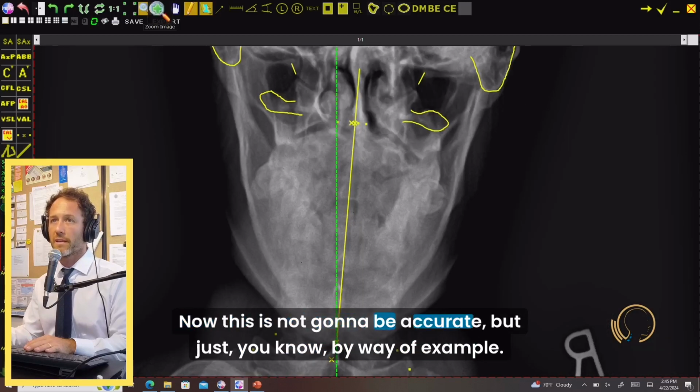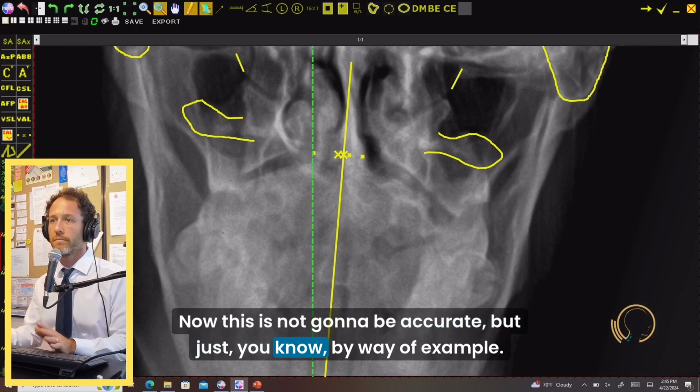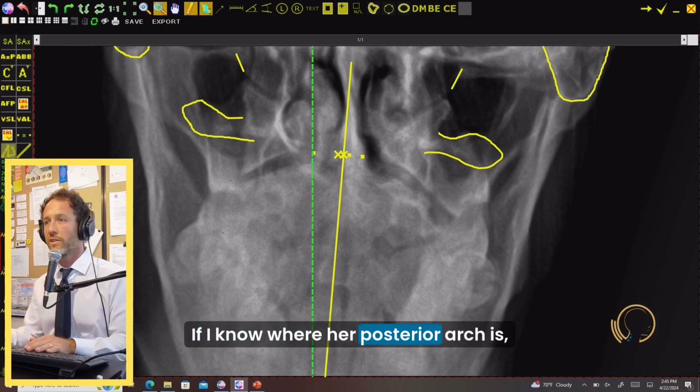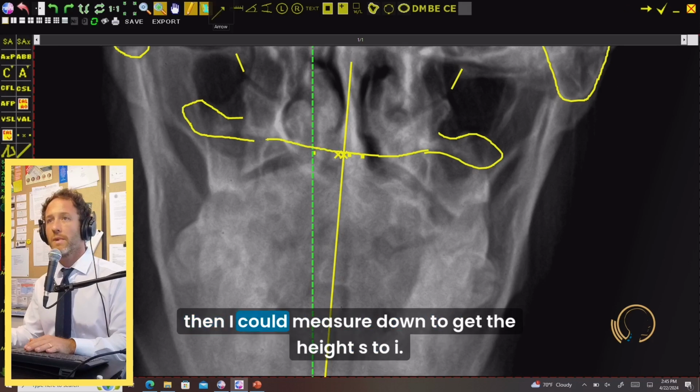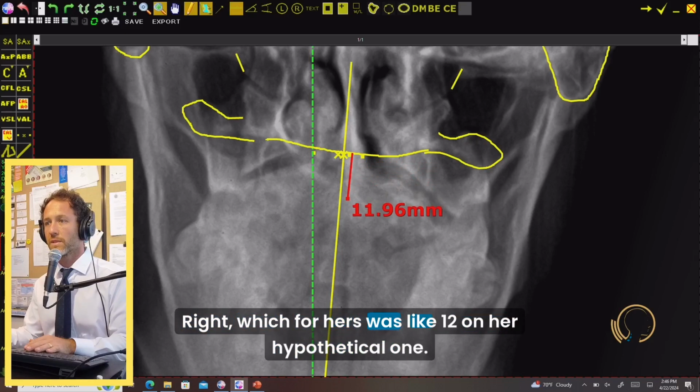This is not going to be accurate, just by way of example: if I know where her posterior arch is, I can measure down to get the height, S to I, which was like 12 on her hypothetical one.